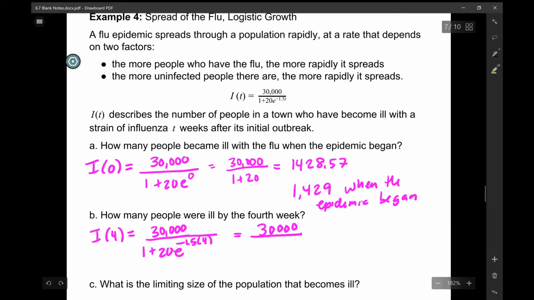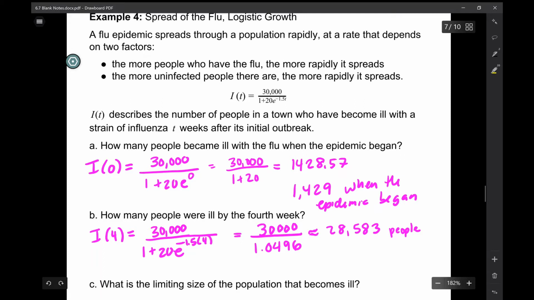So let's take 1 plus 20 e to the negative 1.5 times 4. And I get 1.0496. I'm not going to round in my calculator. I'm just going to take 30,000 and divide it by the previous value. And that gives me about 28,582.9, so about 28,583 people in the 4th week.